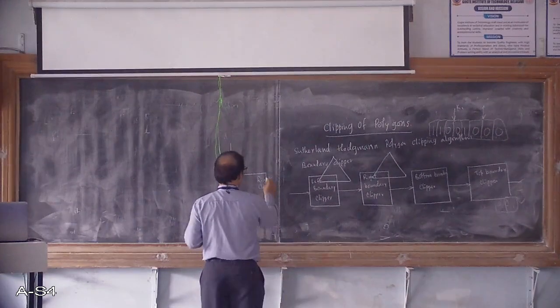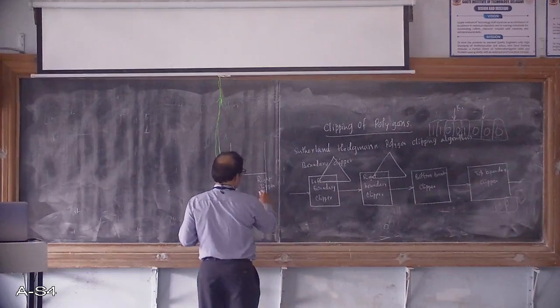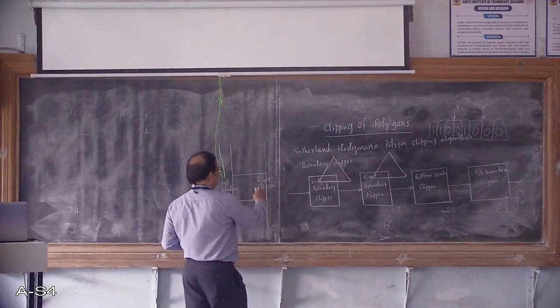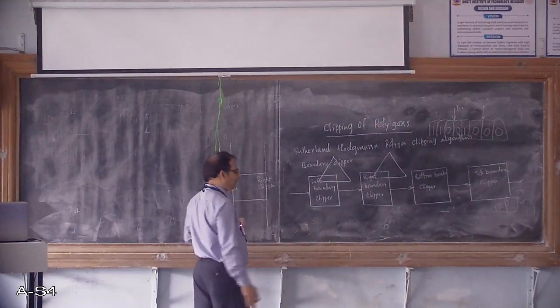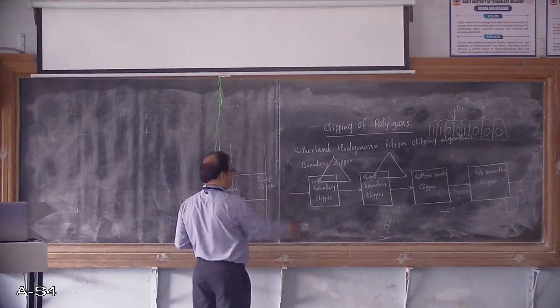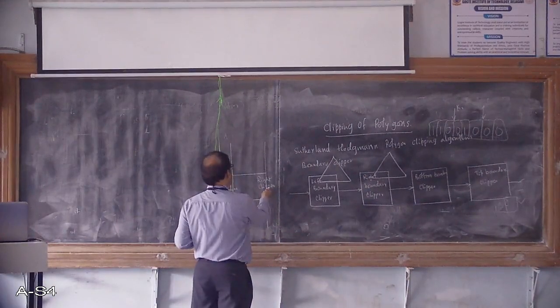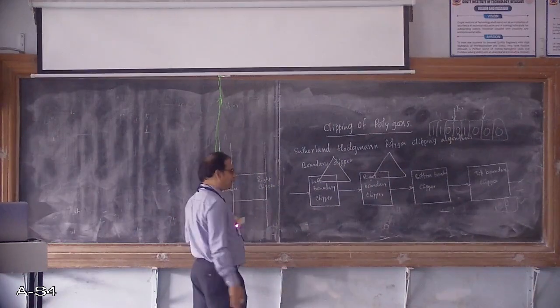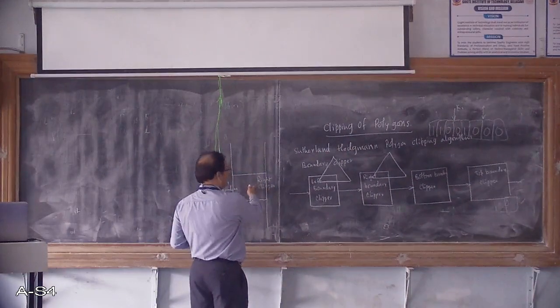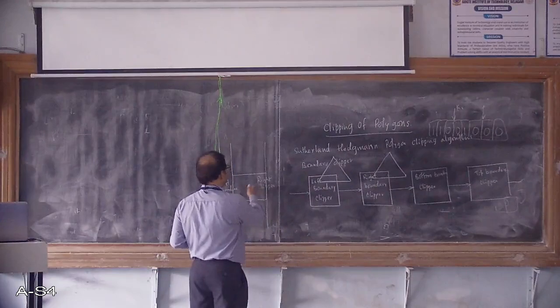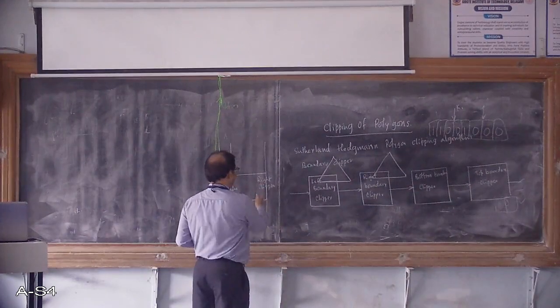This is the right boundary. Any object lying to the right of this right boundary is invisible and is required to be eliminated, and the one which is to the left of this right boundary is a visible portion, and hence it has to be retained.